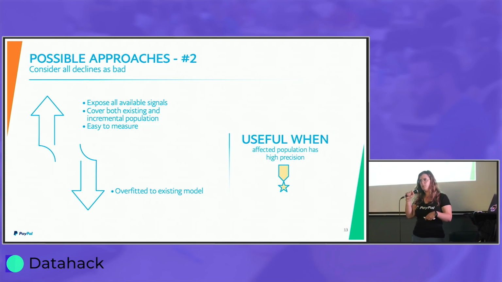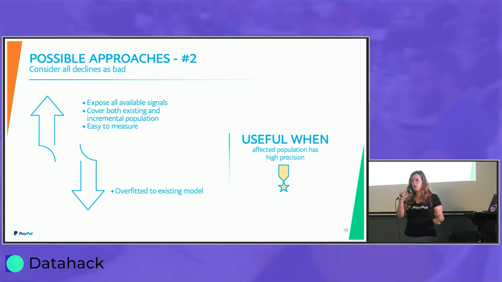So maybe we can take this approach if we have some external knowledge that our existing model is currently taking actions with a very high precision. If we know that, let's say, 95% of the declines population are actually bad, maybe we can just consider them as bad and run our supervised learning model.